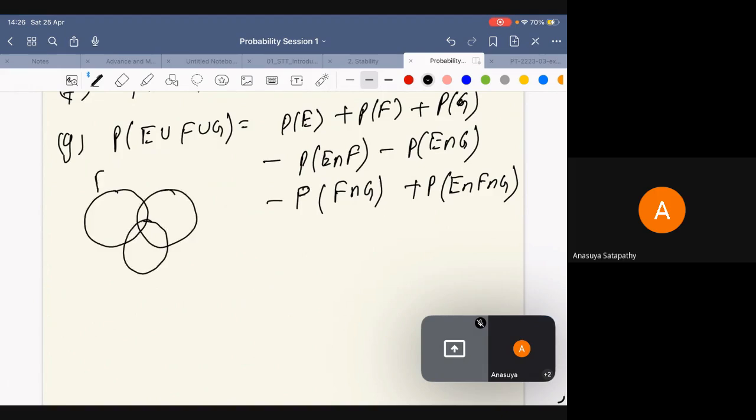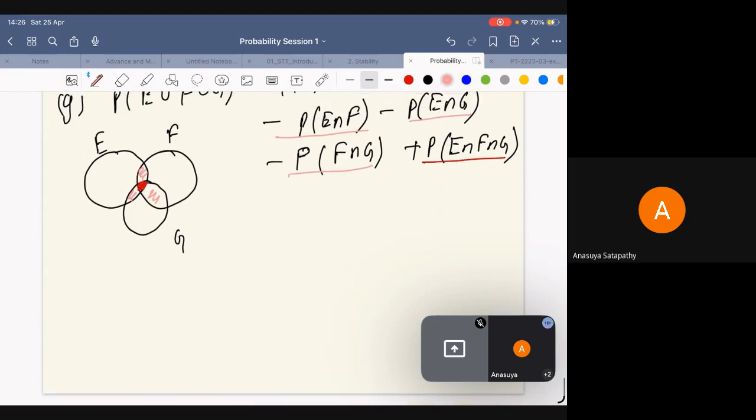So E, F, G. From this you can see this small part will be added and these parts will be subtracted, and the rest of the parts will be added. So this is the formula.